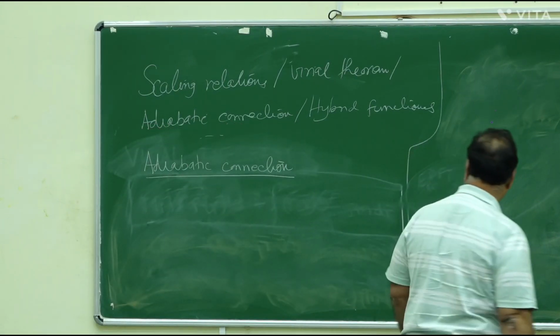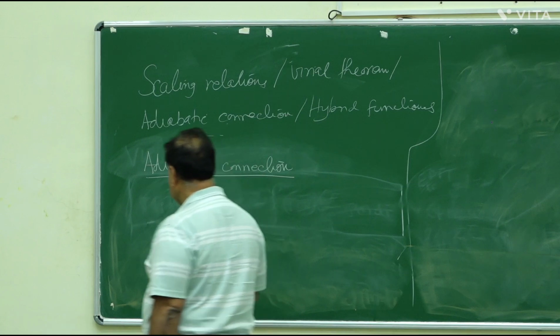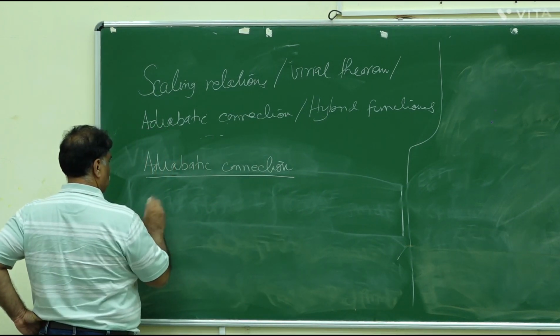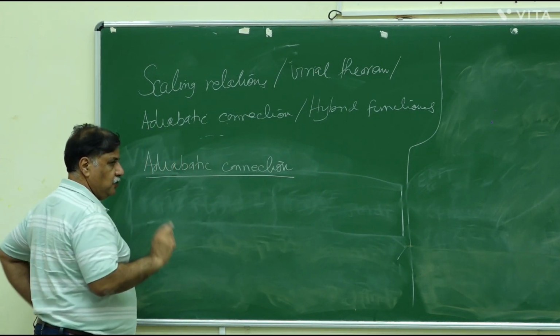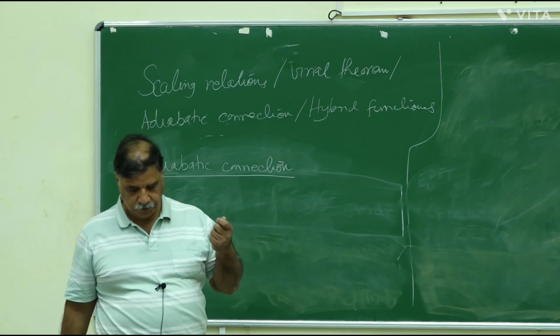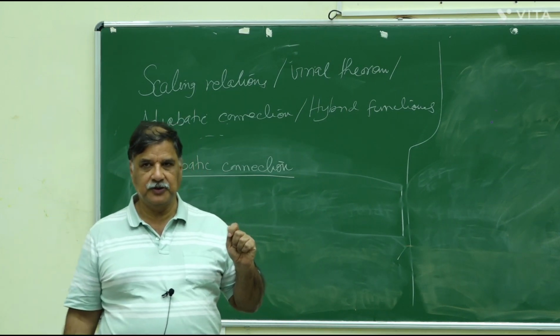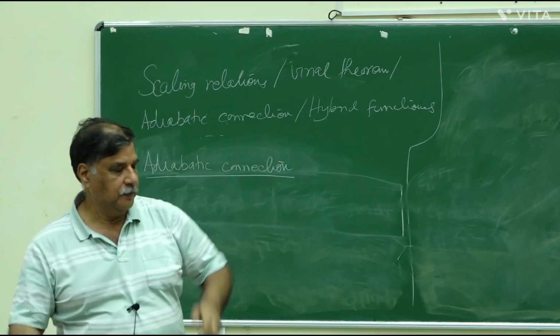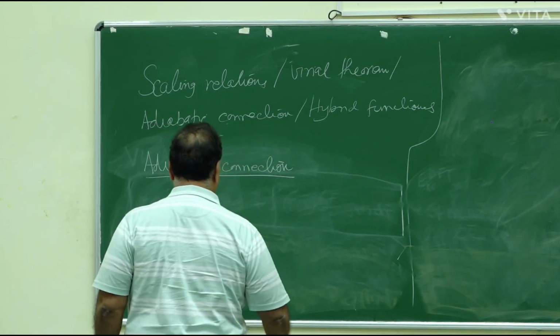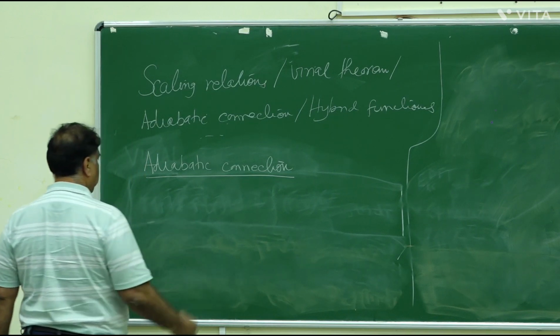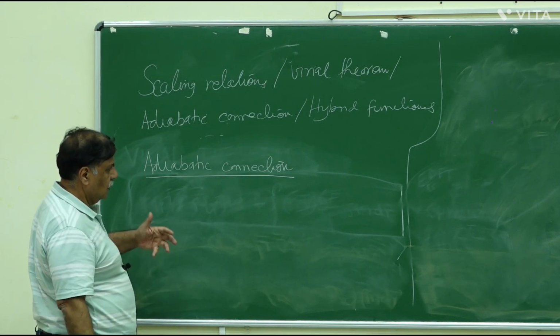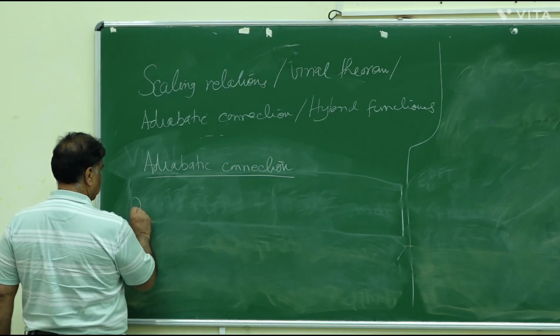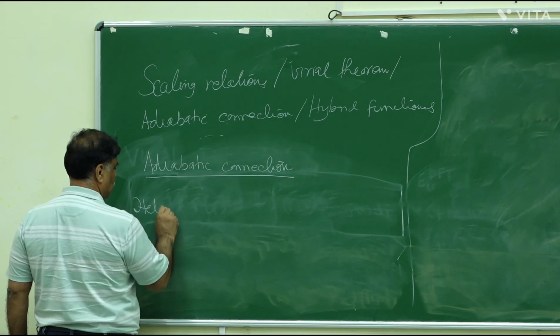In the adiabatic connection, what one says is, suppose we change the electron-electron interaction potential in such a manner that it goes from being 0 to full. Then we define the energy in terms of lambda, using the Hellmann-Feynman theorem.